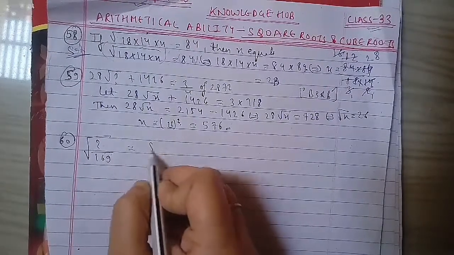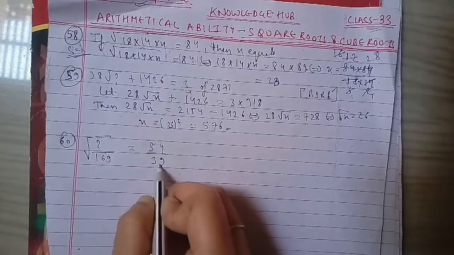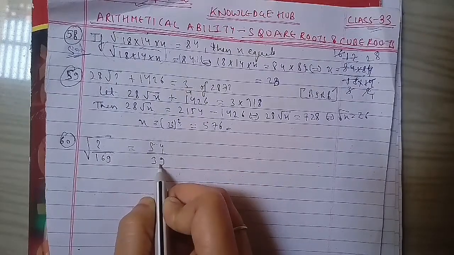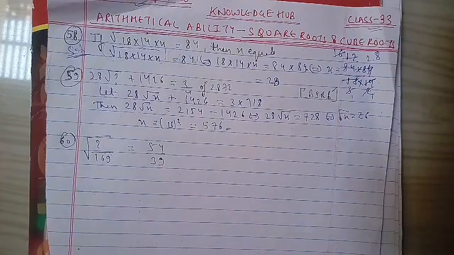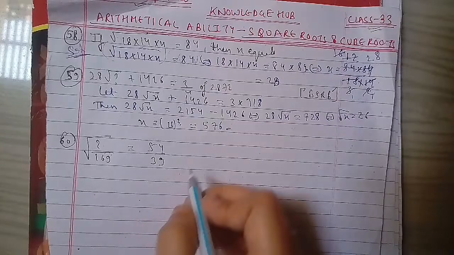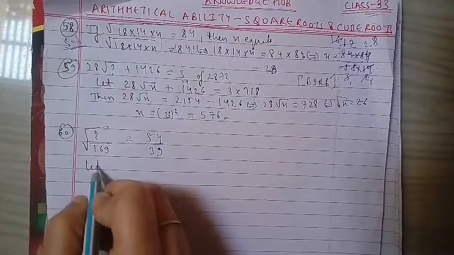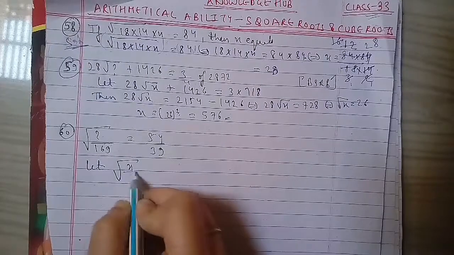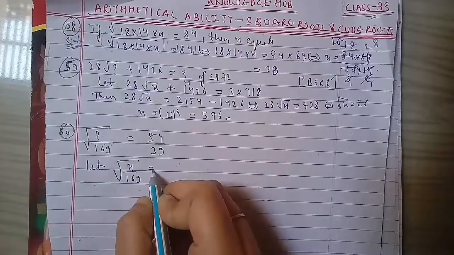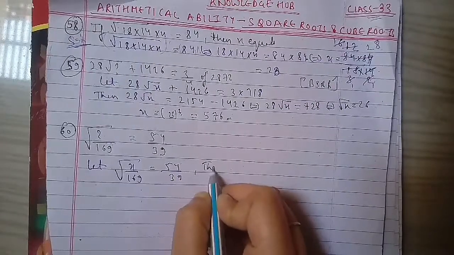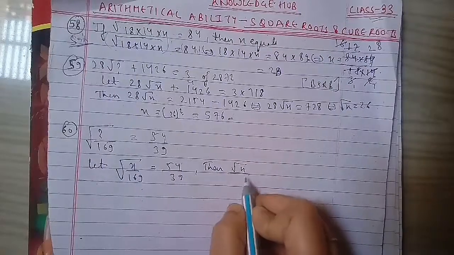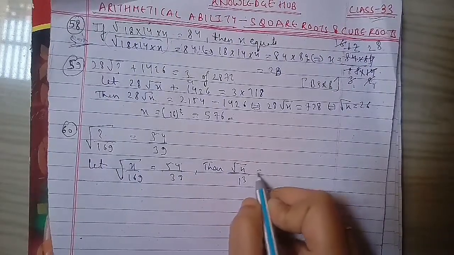So for that we'll talk about it here. Let √x/169 = 54/39, then √x/13 = 54/39, √x = 54/39 × 13, and we cancel it out as well.